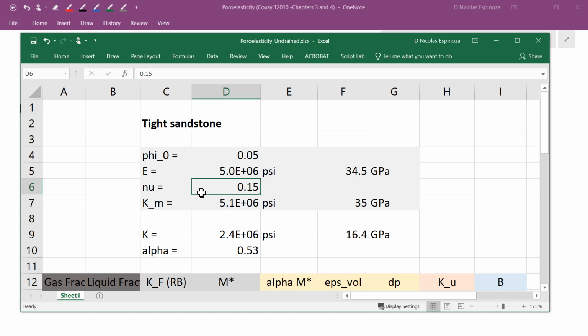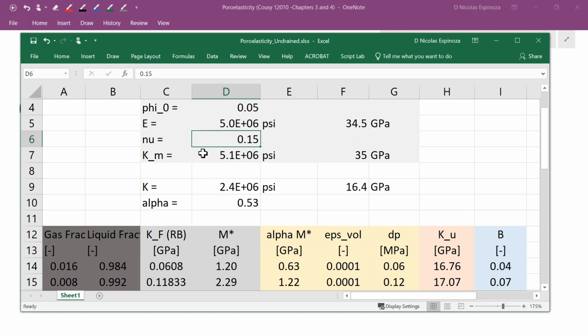So with this data, with the equations of isotropic elasticity, I calculated the bulk modulus based on the Young modulus and the Poisson ratio measured on the dry rock. And from here, and knowing also the modulus of the matrix, we can calculate the Biot coefficient alpha. And in this case, it's about 0.53.